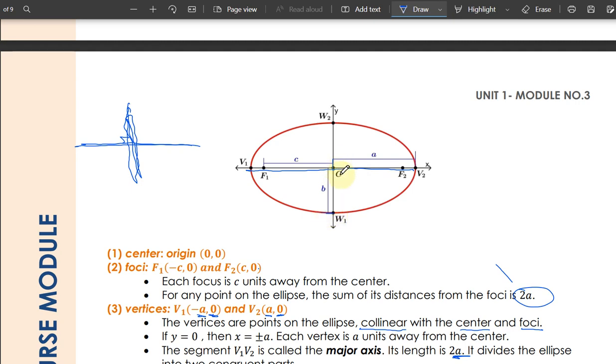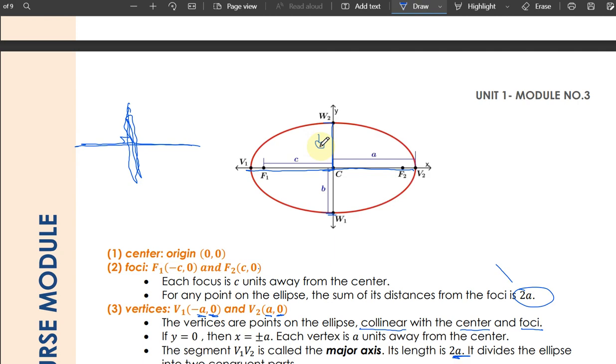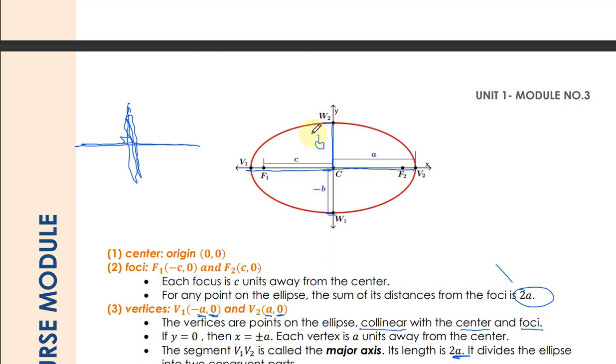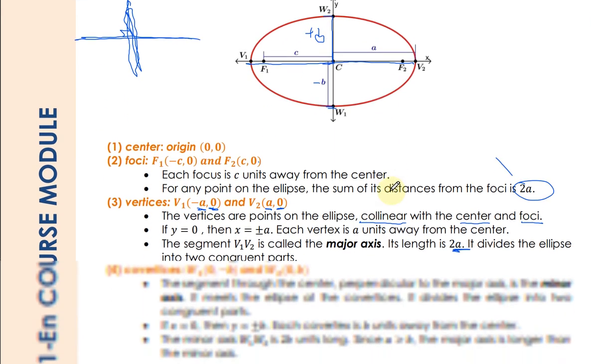This is positive b, then this will be the negative b distance. Okay?